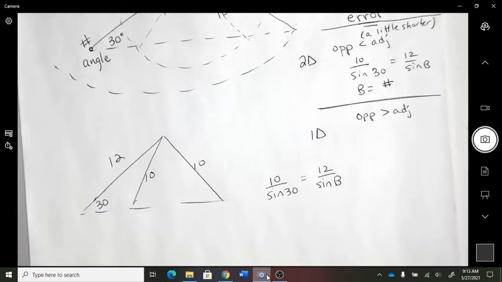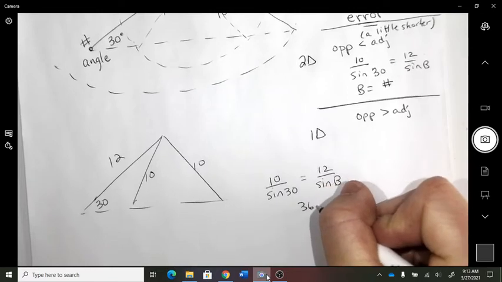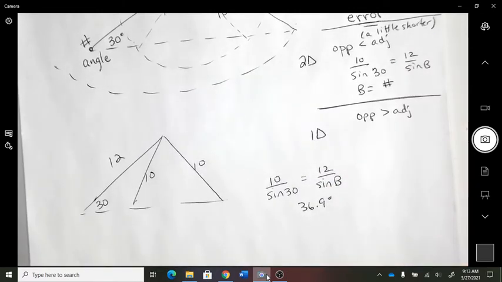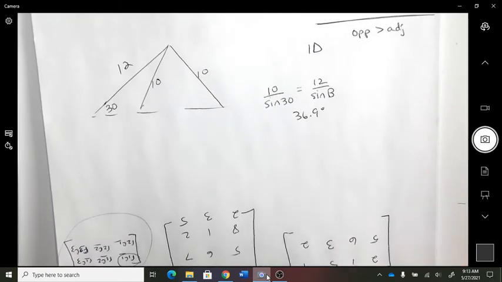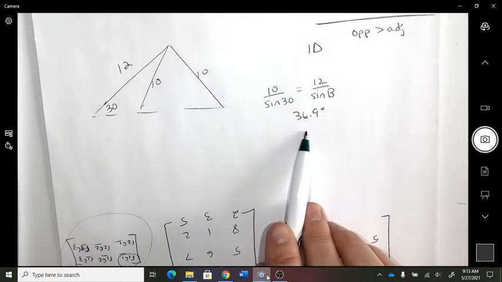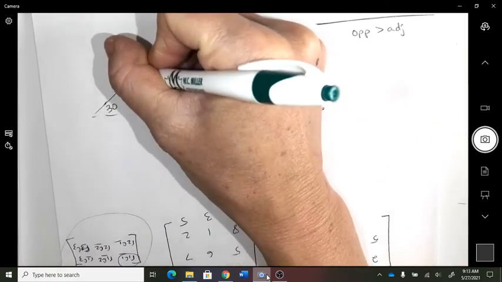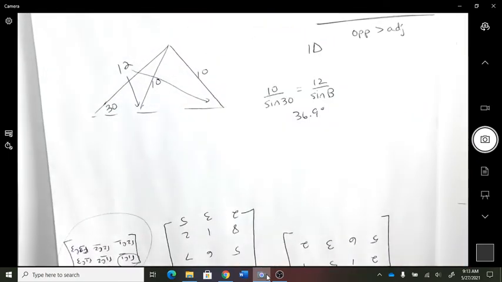You don't need to do this, just watch it maybe. Okay, I get 36.9 degrees. Where does that go? Do you remember? It goes across from the 12. But look, I have two angles across from the 12. So obviously they're both not that angle.